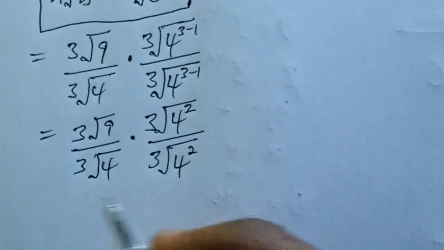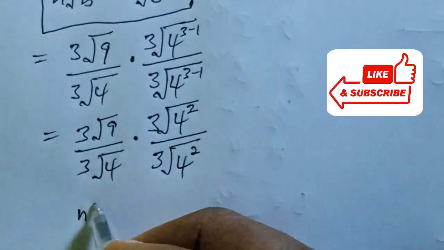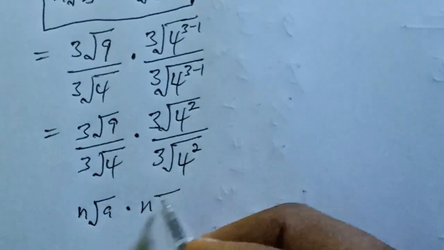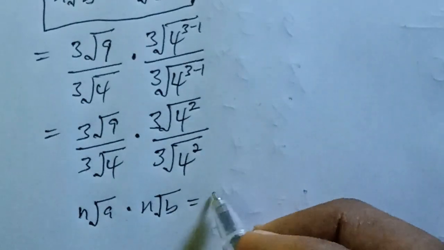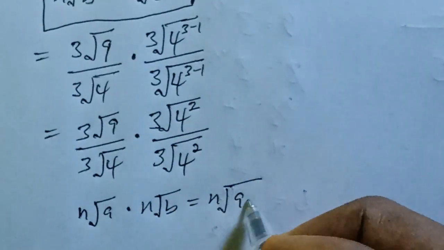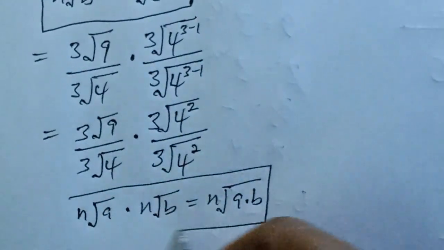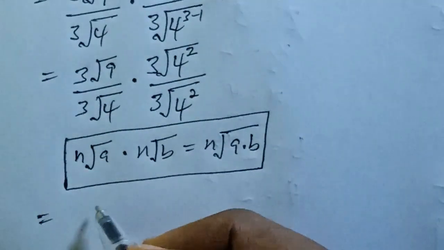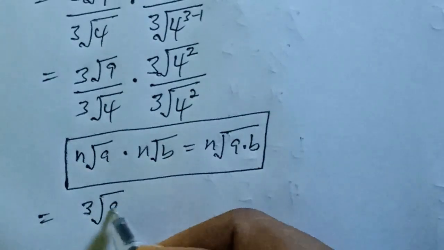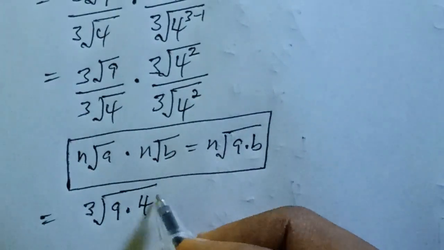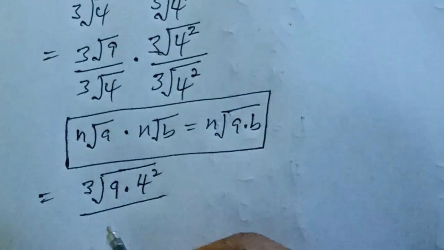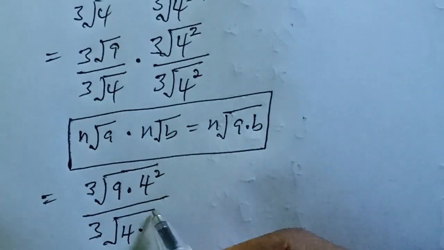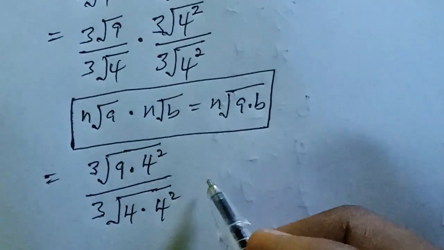And this can be written as, considering this, the nth root of A multiplied by the nth root of B equals the nth root of A multiplied by B. So this becomes the cube root of 9 multiplied by 4 raised to power 2 over the cube root of 4 multiplied by 4 raised to power 2.